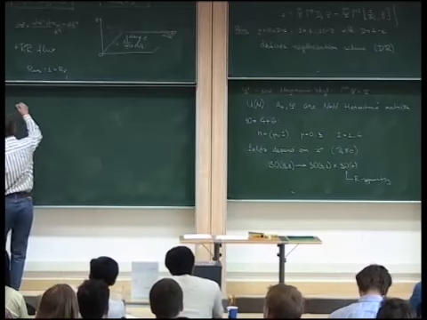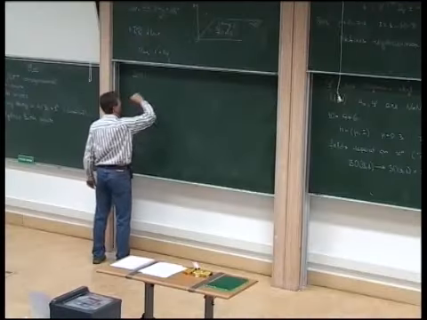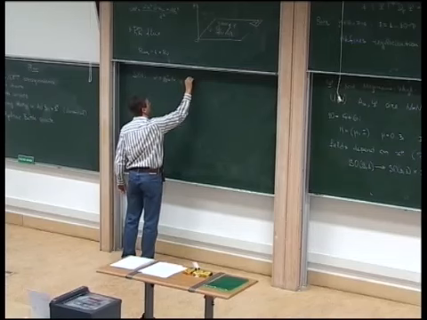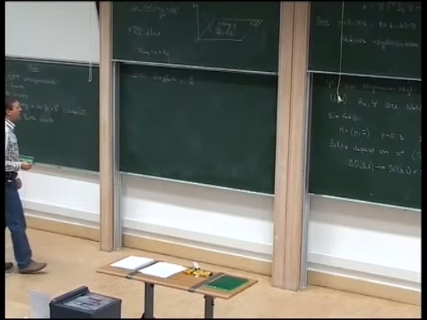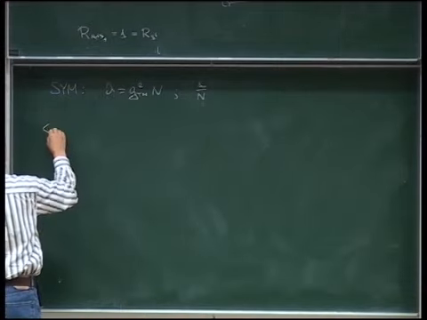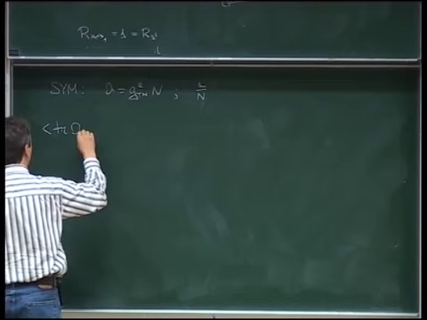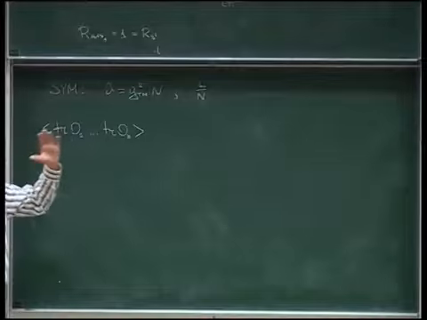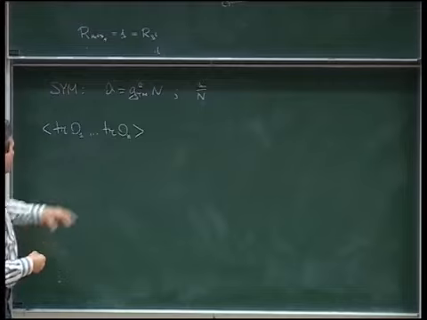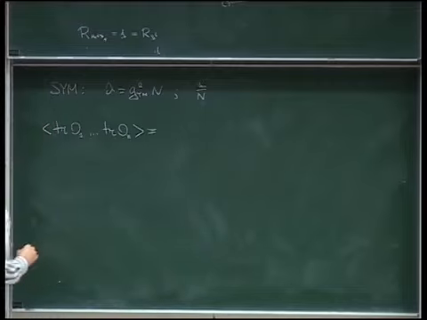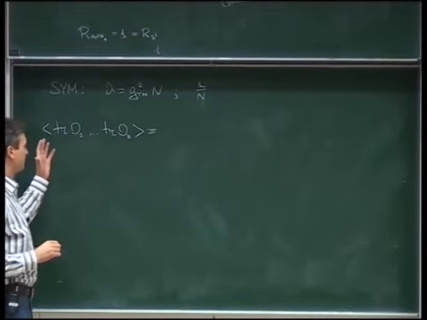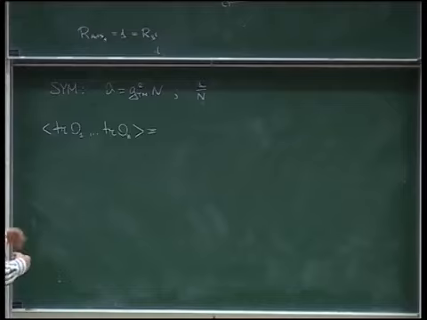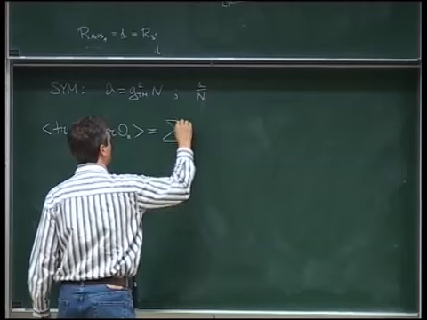Okay, so super Yang-Mills contains 2 parameters, which are g squared times N and 1 over N. And then if you consider, say, correlation functions of single trace operators, so this can be products of local fields, Wilson loops, whatever, if you count the color factors of the Feynman diagrams that contribute to this correlator, you have seen in the previous lecture that this can be written as a double series.